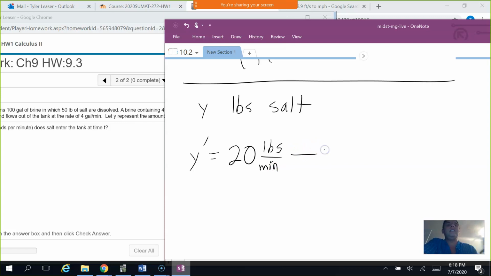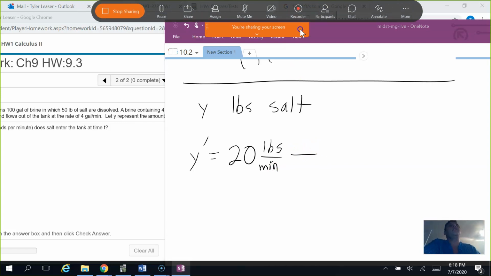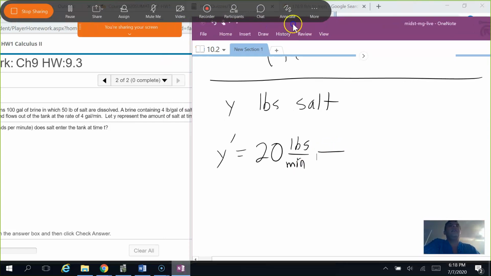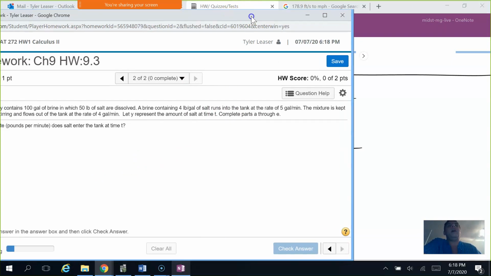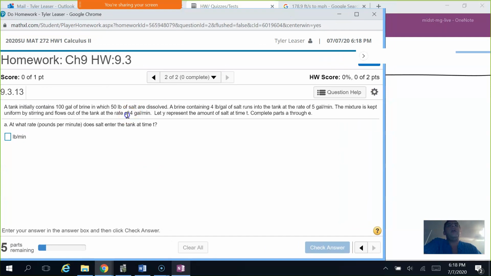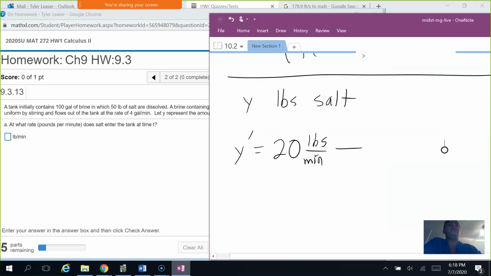That's going to be minus the pounds of salt that are leaving the system. So the pounds of salt leaving the system is a little bit more complicated. We know the rate at which the liquid is leaving the system, but we don't necessarily know the concentration of the liquid at any particular time. But we can set it up using these variables.